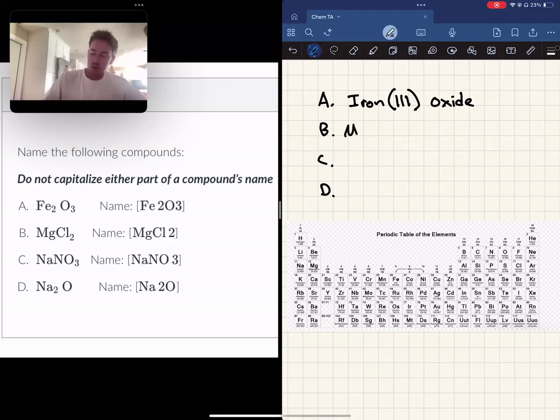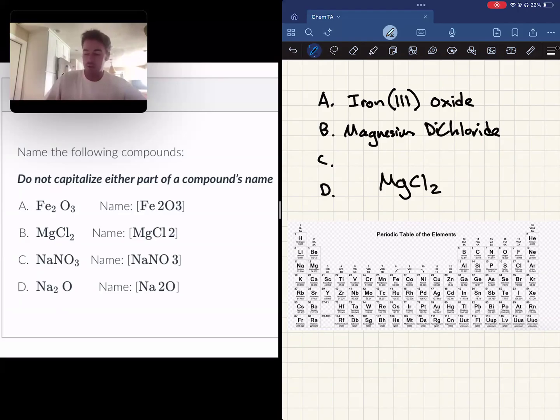MgCl, we're going to have magnesium chloride. The nice thing about ions is you don't use the prefixes to tell you how many there are, right? So we wouldn't say magnesium dichloride, even though it's MgCl2.